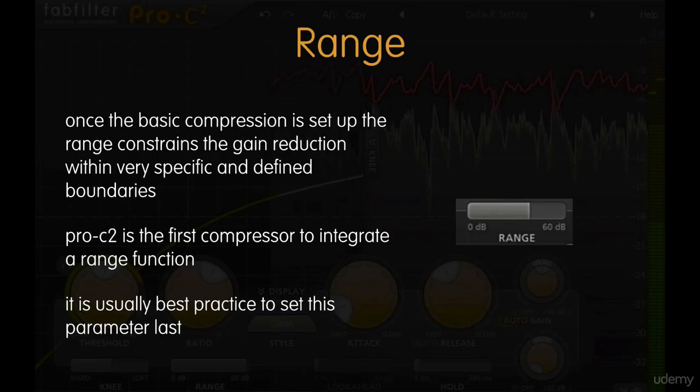Another incredibly cool thing on Pro C2 is the range. What the range does is it can constrain the amount of gain reduction to a certain depth. It's like a depth limiter. So you can do lots and lots of compression, but have it stop at 1 dB of gain reduction or 2 dB or 3 dB of gain reduction.